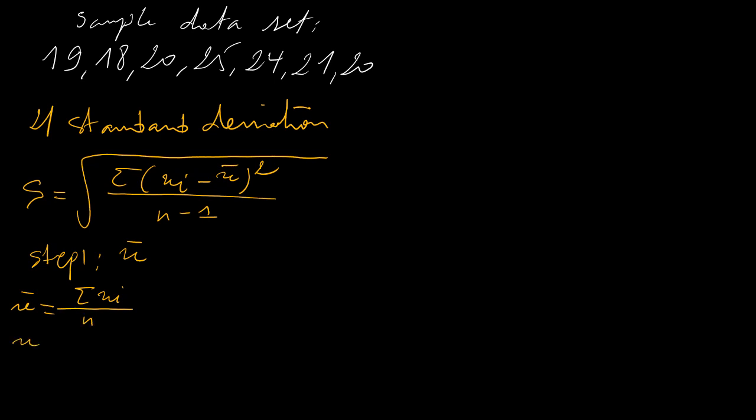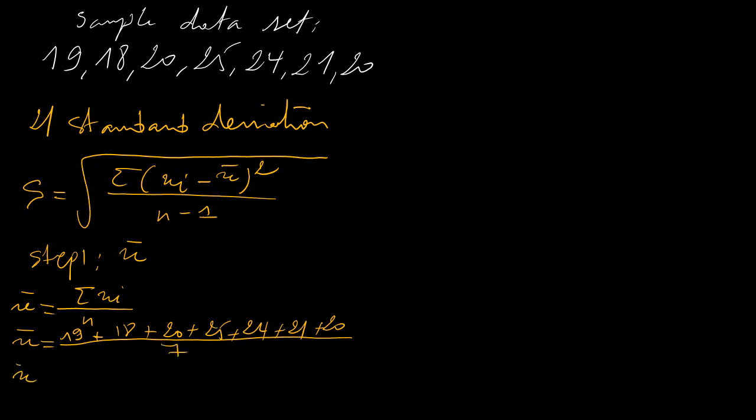So here 19 plus 18 plus 20 plus 25 plus 24 plus 21 plus 20, the sum of all these values divided by 7.